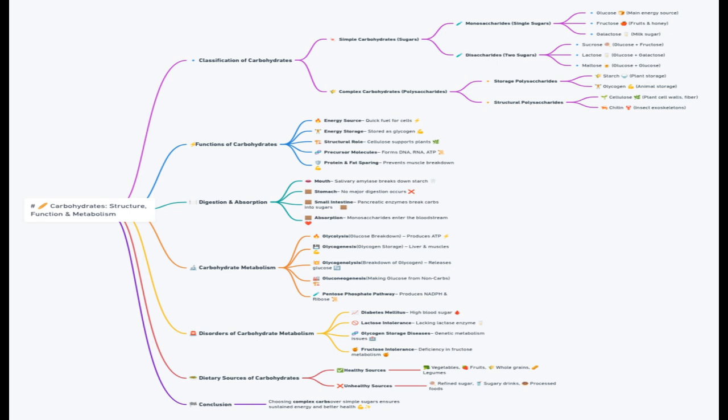The cyclization leads to a pair of stereoisomers, which are what we call anomers.